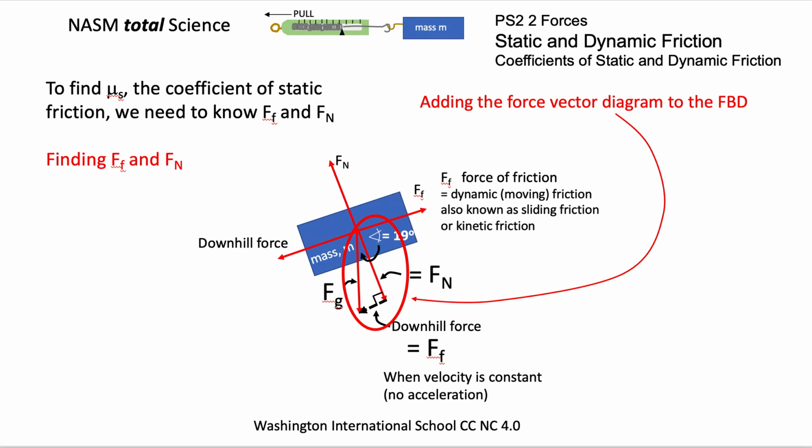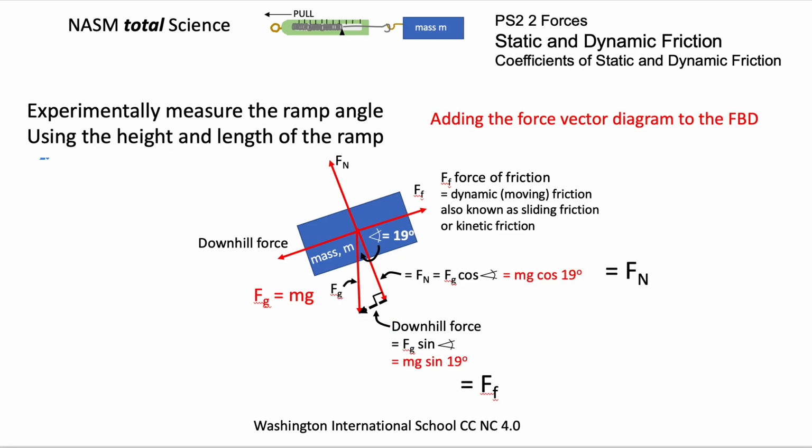The things that we know are the angle, and we also know the force of gravity acting on the object. If we know its mass and then the force of gravity, multiply them together, or we can use a spring balance to get Fg. And so there it is, a little bit clearer here.